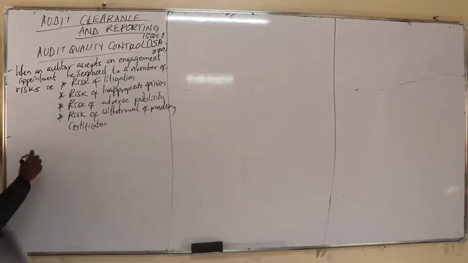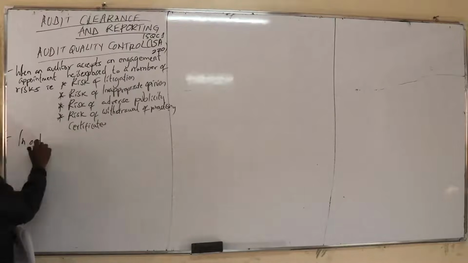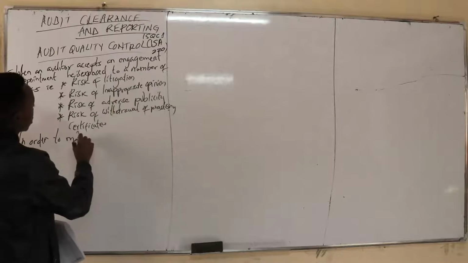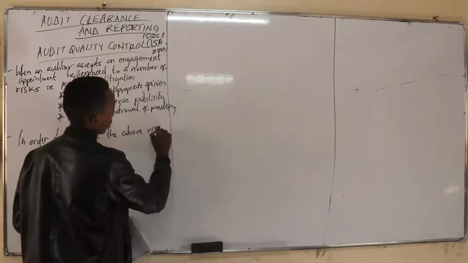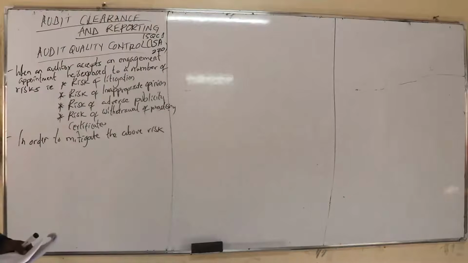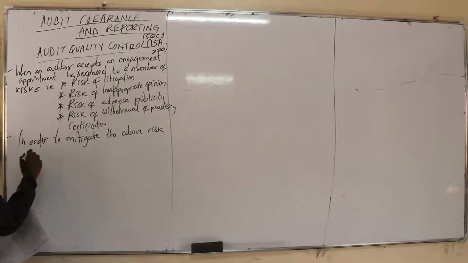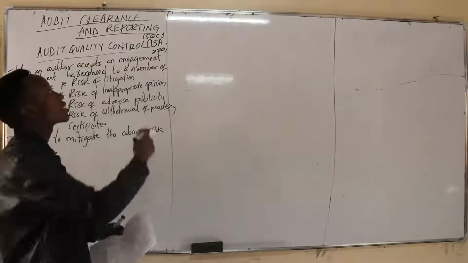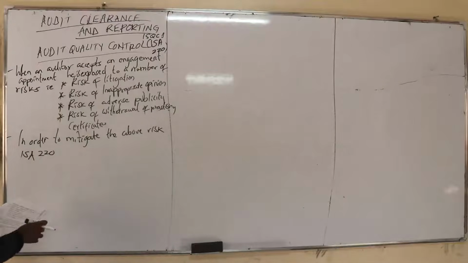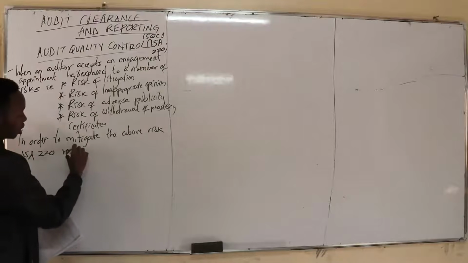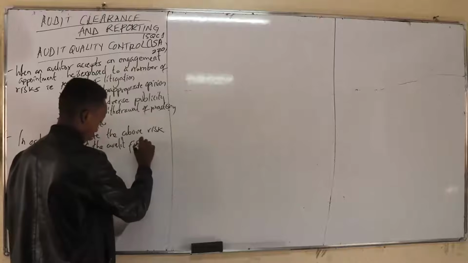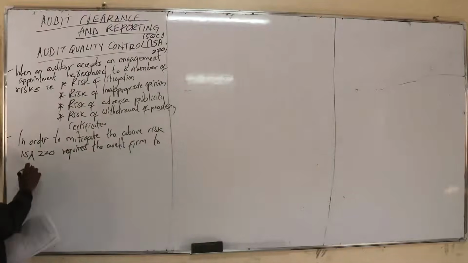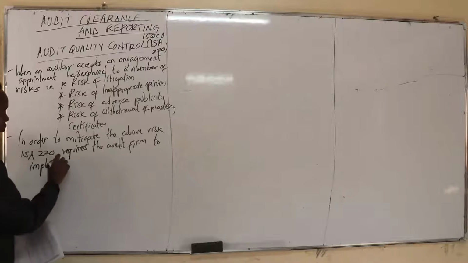So you can add there and say, in order to mitigate the above risks, the auditor adopts this International Standards of Auditing, number 220, which requires that the audit firm implement the quality control procedures.